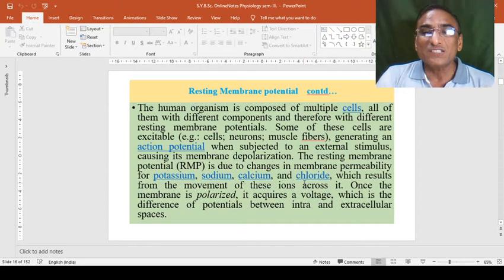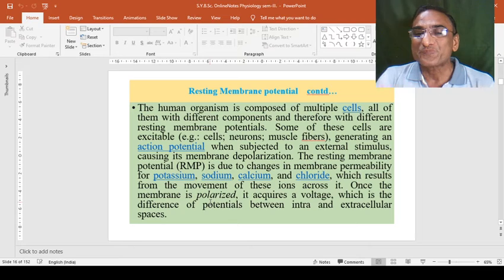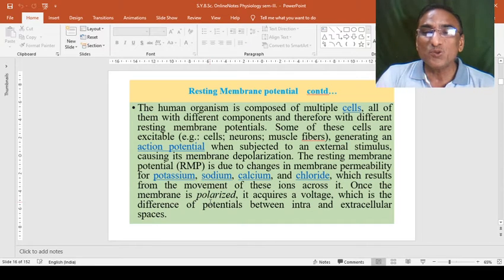These chemicals move through the membrane, and polarization or depolarization is facilitated. As the ions move across it, the membrane is polarized. It acquires a voltage, which is the difference of potentials between intracellular and extracellular spaces.